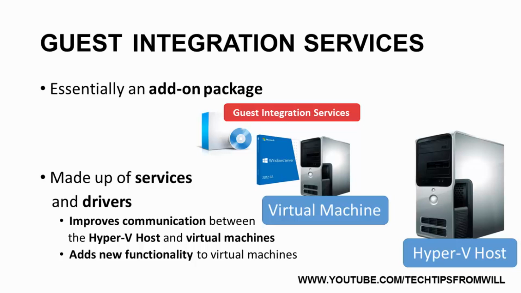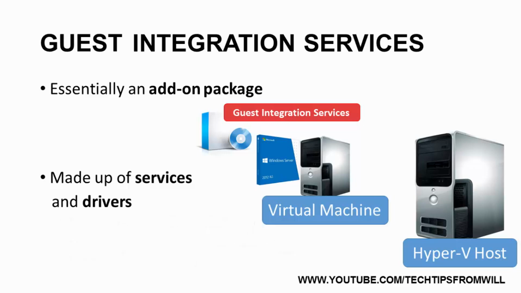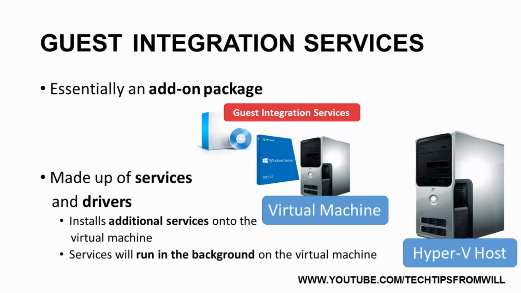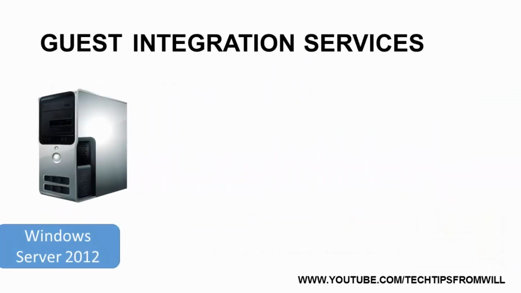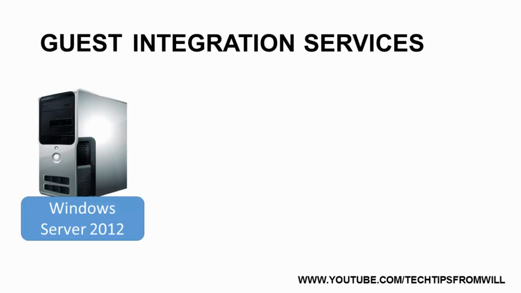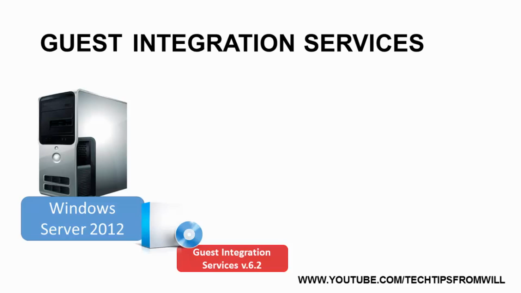When you install guest integration services onto a Hyper-V virtual machine, you are essentially installing additional services onto that virtual machine. These new services, just like all other services, will run seamlessly in the background on the virtual machine. If you are using Windows Server 2012 as your Hyper-V host, the Guest Integration Services package is version 6.2 and will add a total of 6 services to every virtual machine it is installed on.